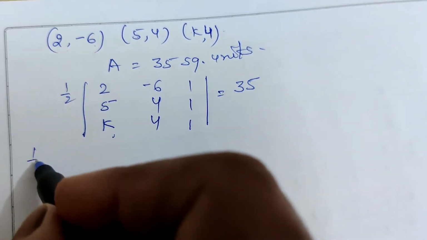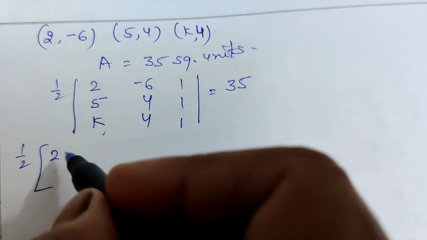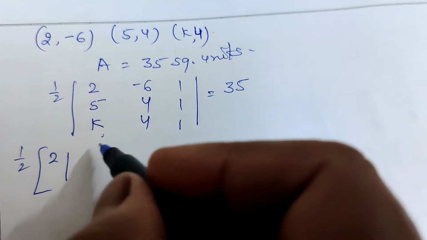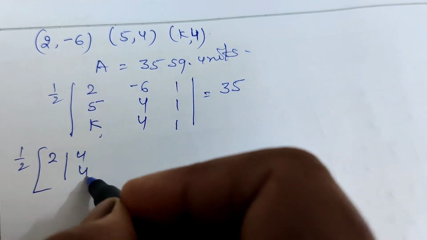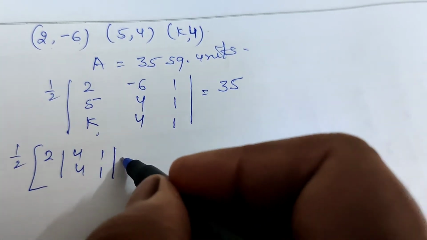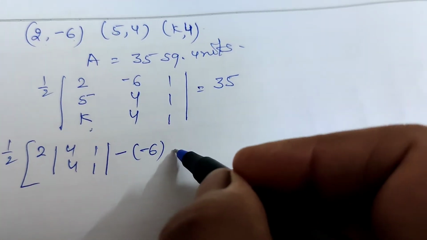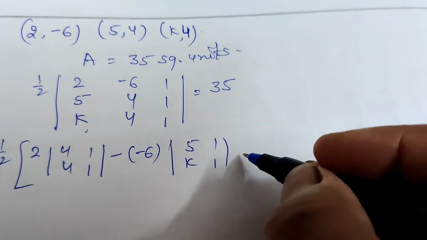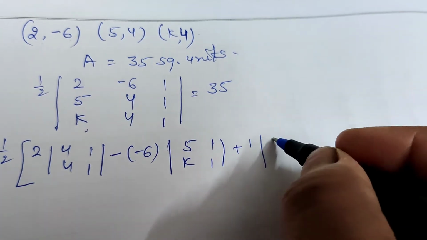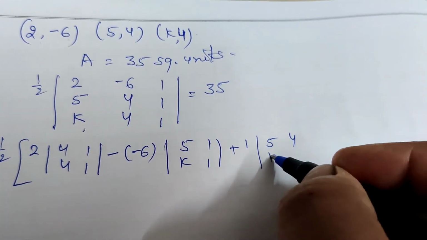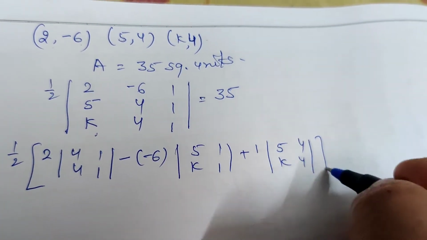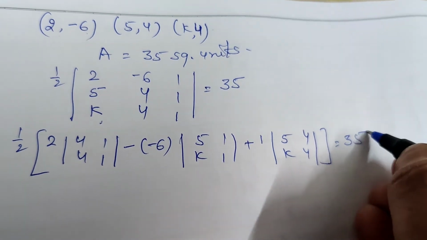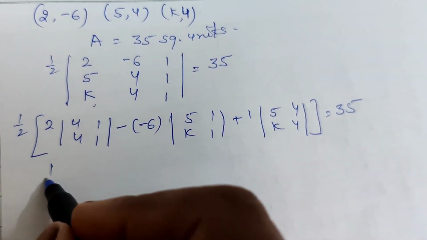Now solve 1 by 2: 2, minus 6, 1, 5, 4, 1, and the third one k, 4, 1, equal to 35. Now solve 1 by 2.